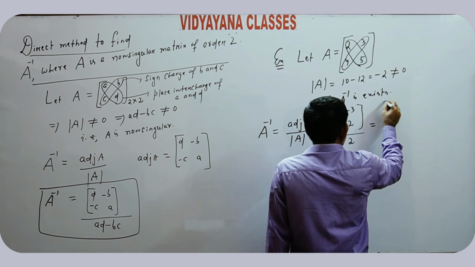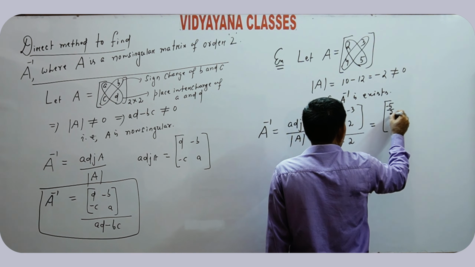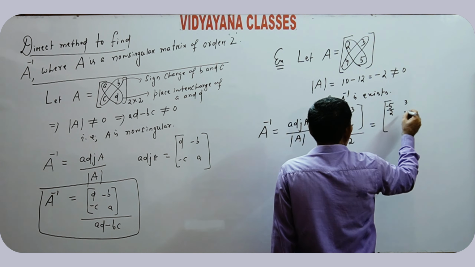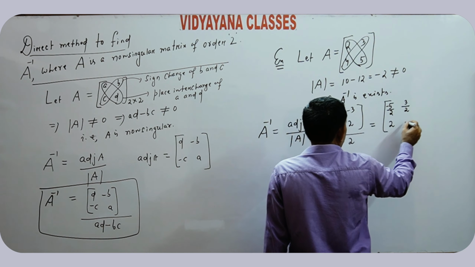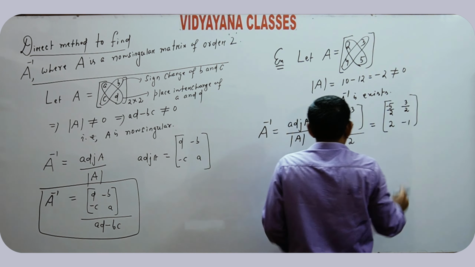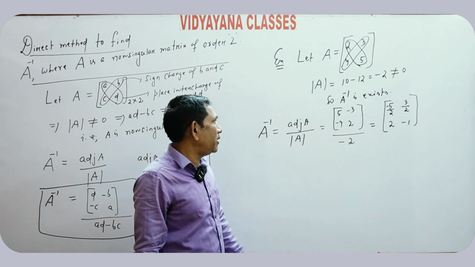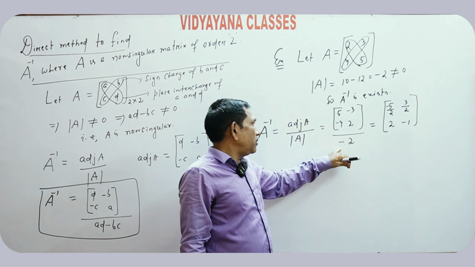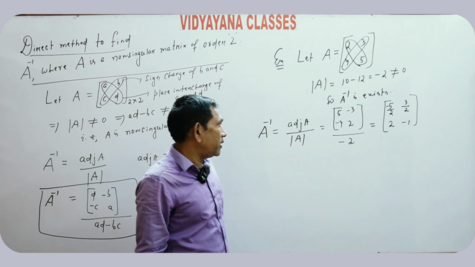Minus half is a scalar. If a scalar is multiplied with a matrix, then it will be multiplied in each element of the given matrix.